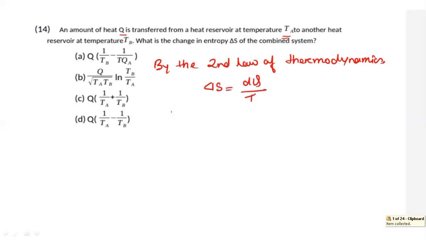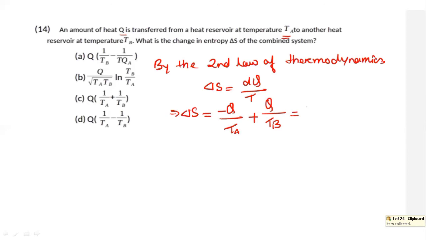Okay, so now we can write delta S. For the first system, we write how much energy it is transferring, Q. Since it is transferring, it will be negative: minus Q by the temperature of the first reservoir, TA, plus, since the second reservoir is absorbing the heat, it will be positive, Q by TB, right?